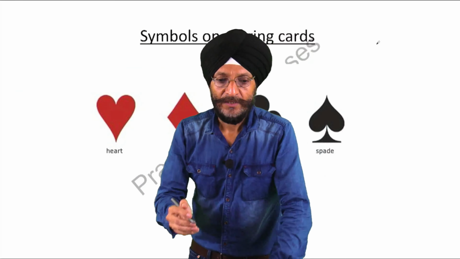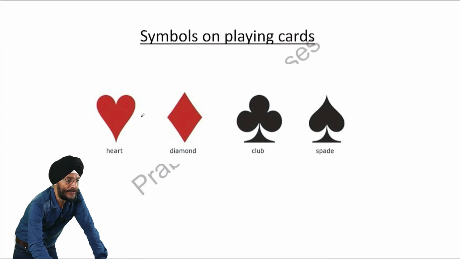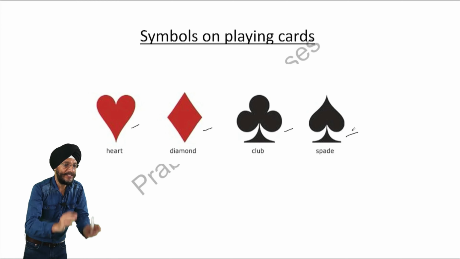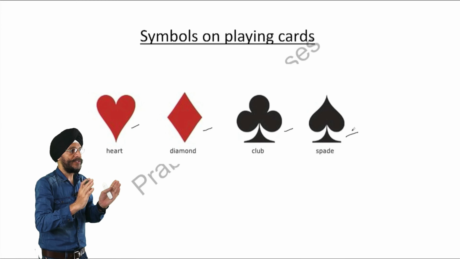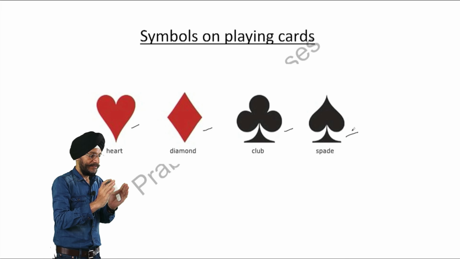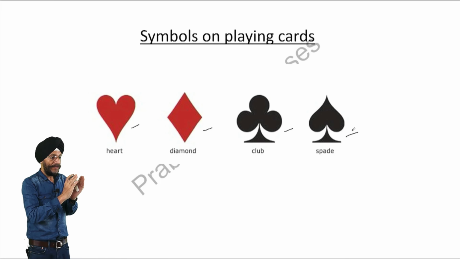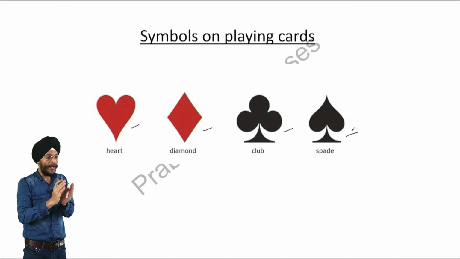First of all, there are four types of symbols on the cards. That is, one card may have heart, other may have diamond, other club or spade. That is, there are four types of suits in the cards: heart, diamond, club and spade.